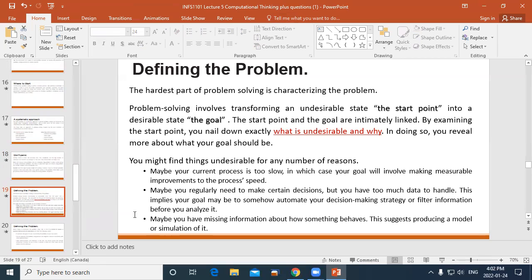So the idea of what is undesirable, that's the current state versus the ideal state. Let's focus on computing here for a minute, even though Wing is saying that this is for everything, not just computing.